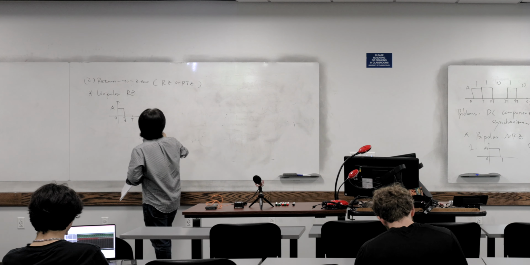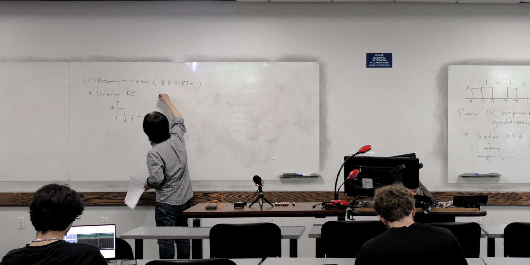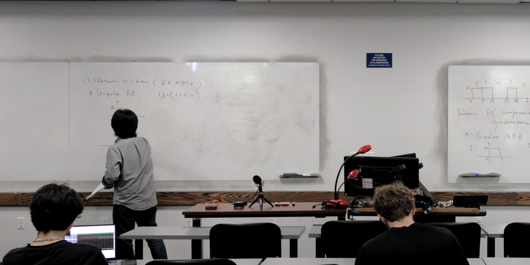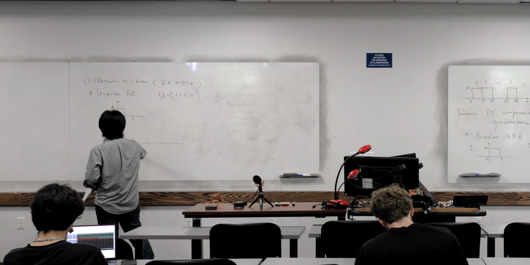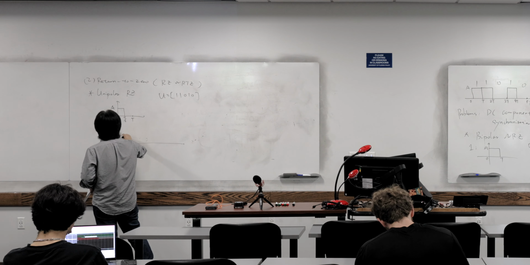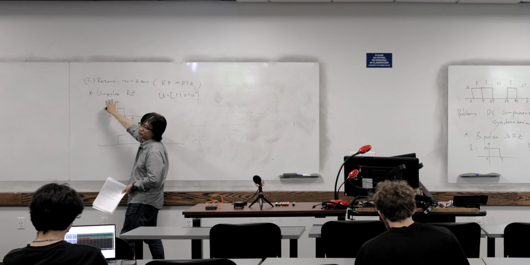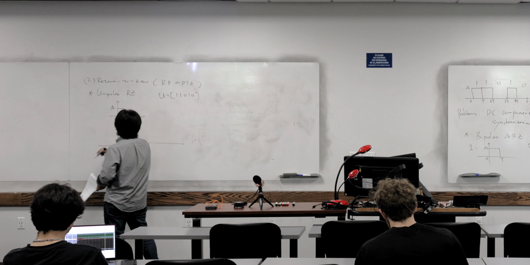Okay, and then if we use our original example, we can see how it looks. It's unipolar, which basically means it's 1 amplitude. If it's 0, we just transmit 0.